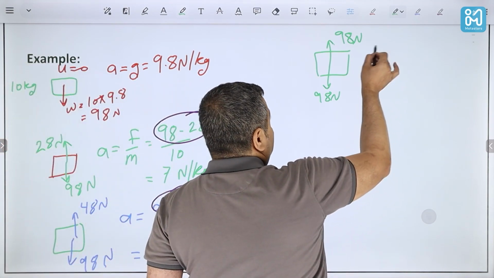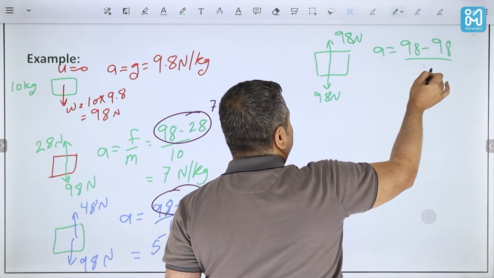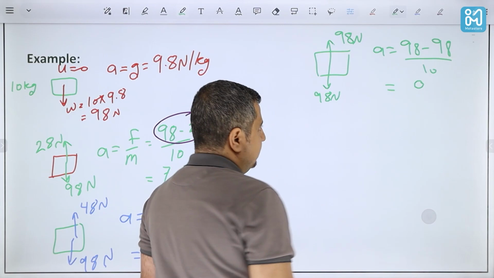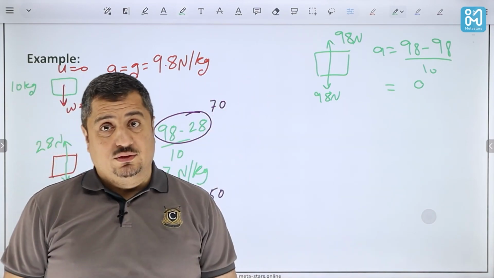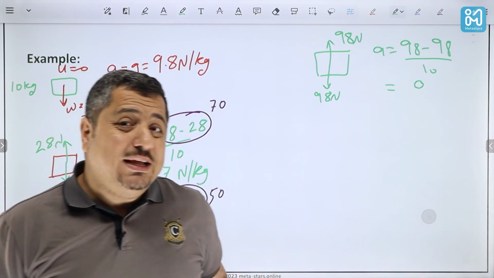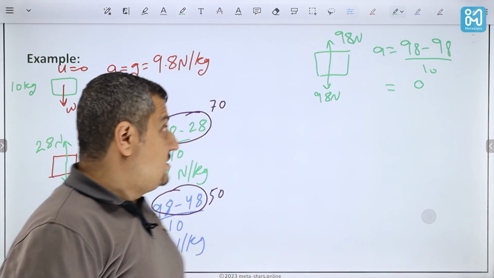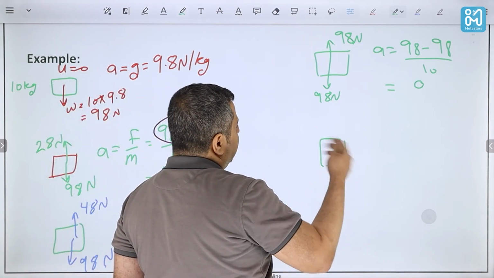This means that the acceleration now is 98 minus 98 divided by 10, which gives 0. Don't forget that this object is still in movement, but at this point the acceleration is 0, which means the speed will not change. As a result, the object will keep moving at exactly the same speed.